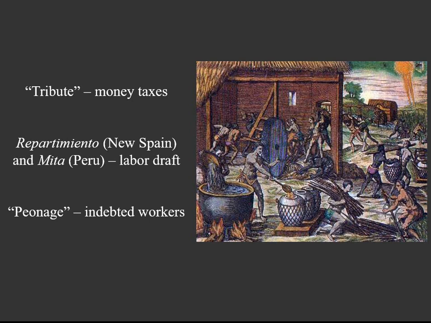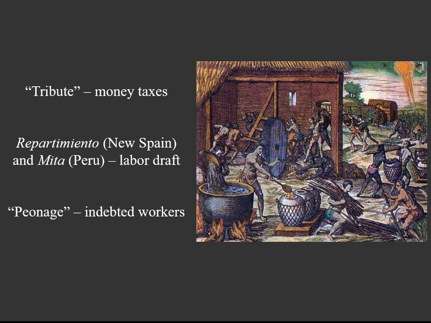One thing that historians often point out is that all these major economic systems, the encomienda, repartimiento, the tribute system, peonage, it's not like you had one system first and then evolved into the next system step by step until you get to the end. This was very messy.